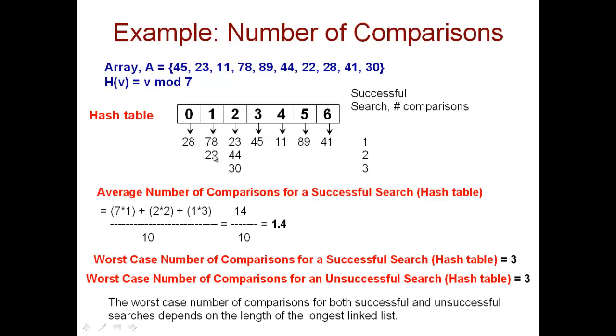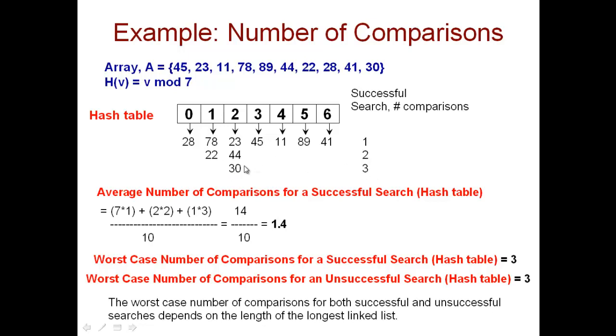If the search key is the second element in any of those linked lists, then we require two comparisons. Then if it is the third element in any of those linked lists, we require three comparisons.